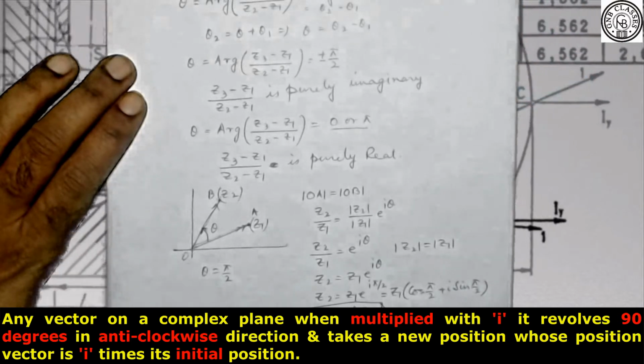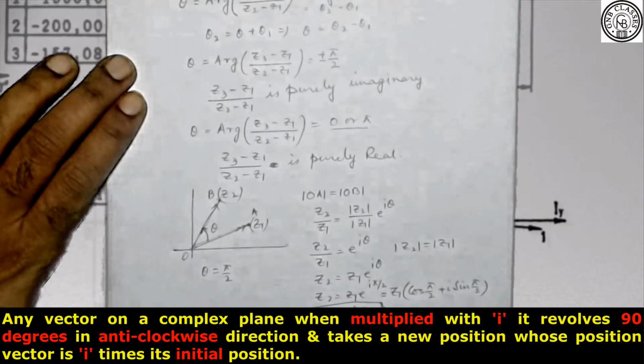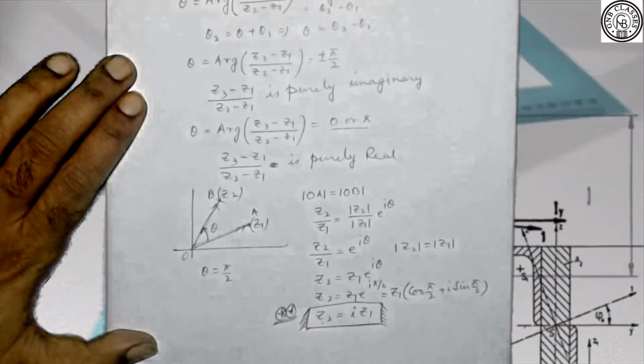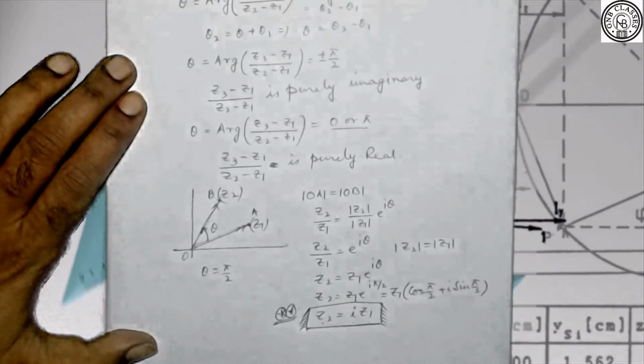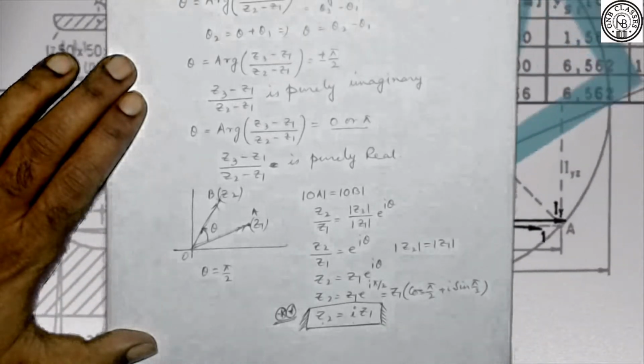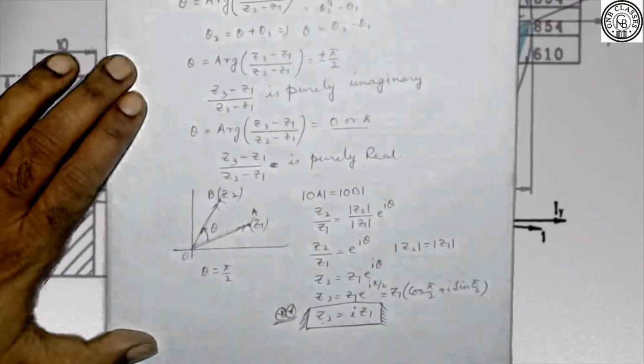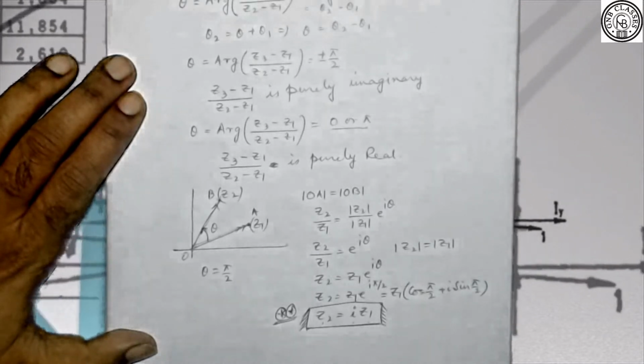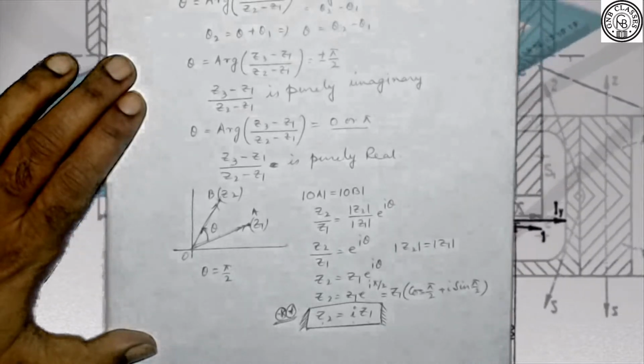Its new position is iota into its previous position. Is it clear? So make a note of this. It's a very, very important point. Whenever any complex number is multiplied with iota, it revolves in the anti-clockwise direction by 90 degrees and takes its new position. Is it clear? Okay. Now let us move to some problems based on this.